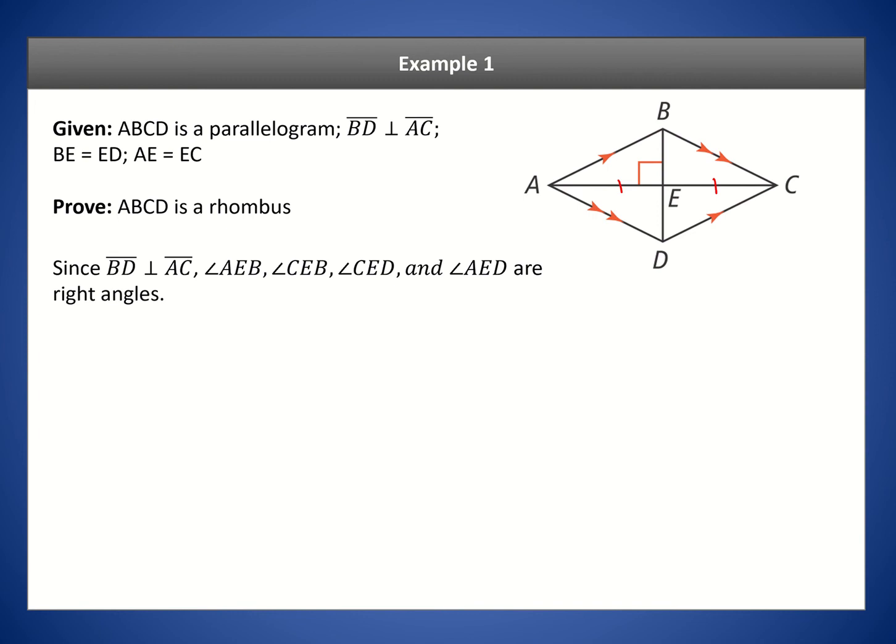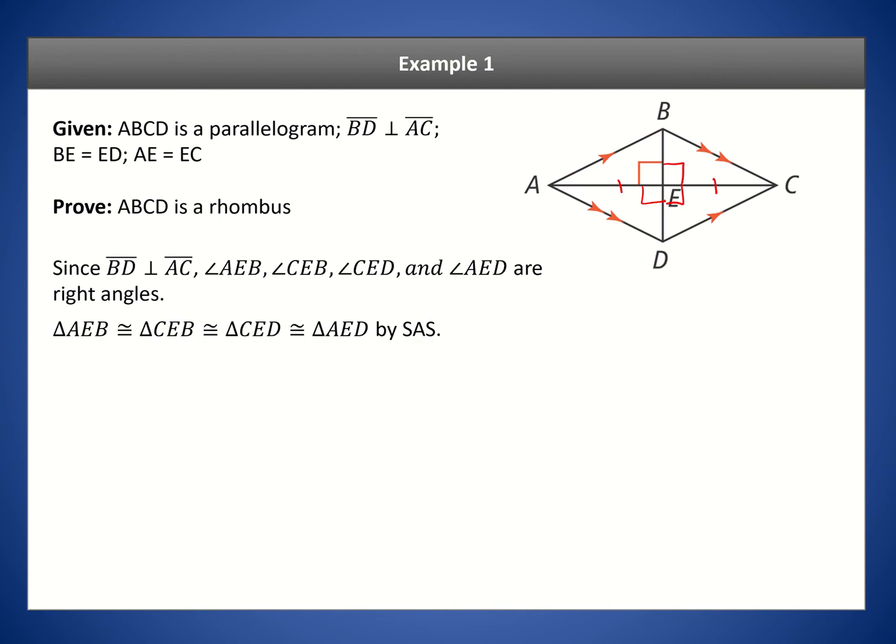So if we're going to do this, we're going to keep in mind that because we have a right angle here, because these are perpendicular, that means that all of these angles have to be right angles. Okay, so that's something that we need to be aware of, that they're all right angles, and because they're all right angles, that means they must be congruent.